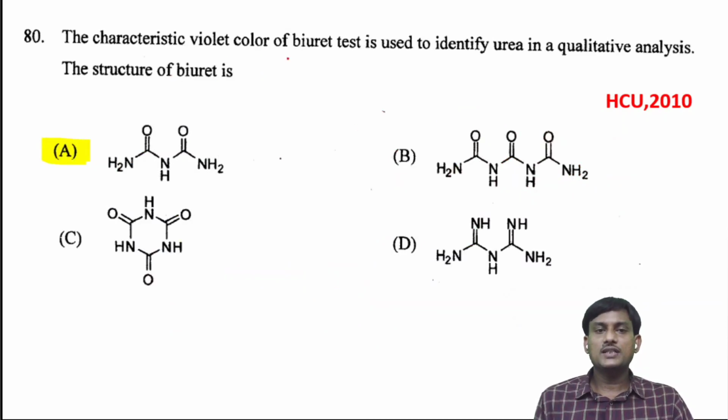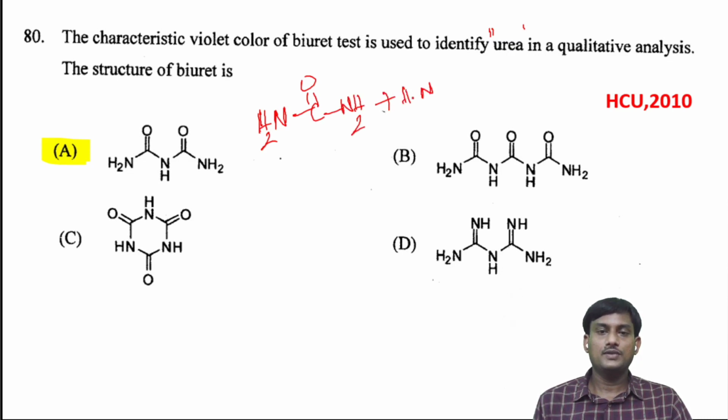The characteristic violet color of the biuret test is used to identify urea, and also used to identify proteins and amino acids. In qualitative analysis, the structure of biuret: when you treat urea and heat it, NH2CO NH2 and NH2CO NH2, there is a removal of ammonia.